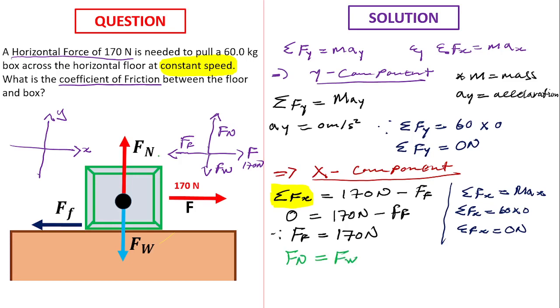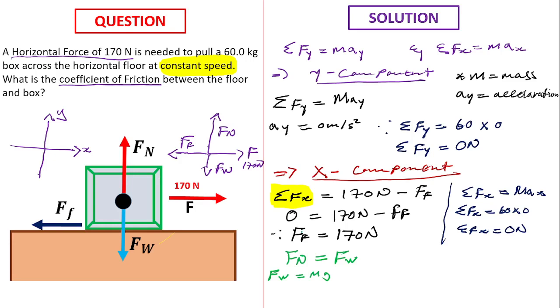So the normal force is equal to the weight of an object when that body is at rest. So we know that Fw is simply equal to what? Mg, of which m is just the mass of the object and g is the acceleration due to gravity.